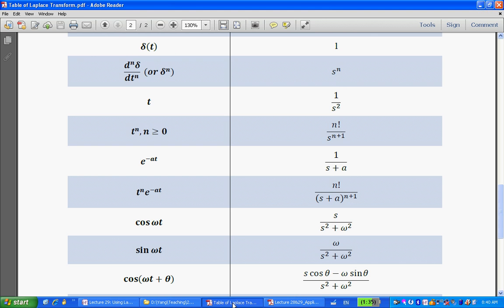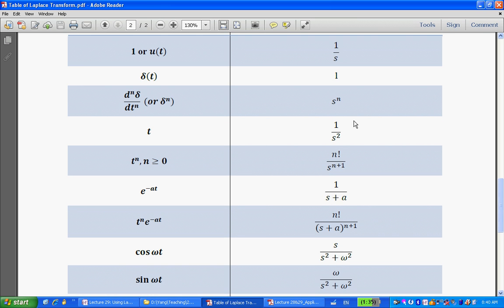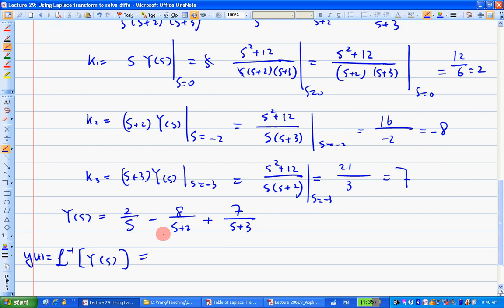So let's say 1 over s, what would that be? Actually this one here, right? So that's either 1 or u of t. You can put u of t here, but we put a 1 here because overall we're going to multiply everything by u of t. The second one is 8 over this, so that's 8 e to the power negative 2t, and 7 e to the power negative 3t. So overall that's the answer here.